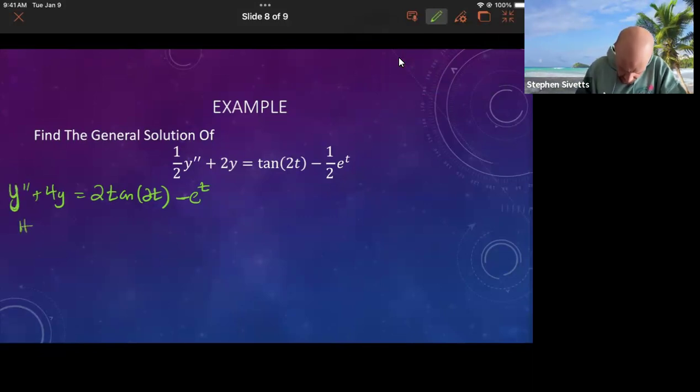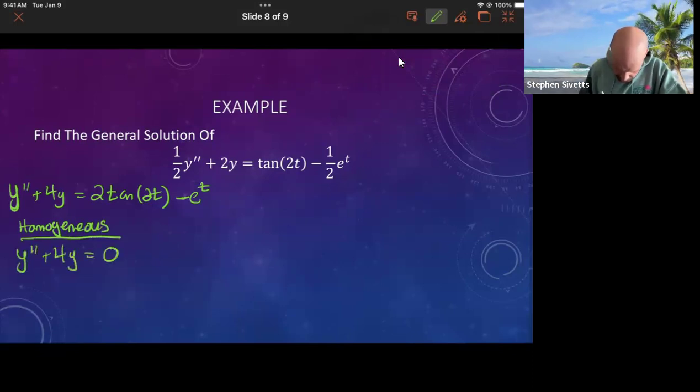So the homogeneous equation we're dealing with is y double prime plus 4y is 0. So the characteristic equation corresponds to r squared plus 4 is 0, and so r is equal to plus or minus 2i. Okay.